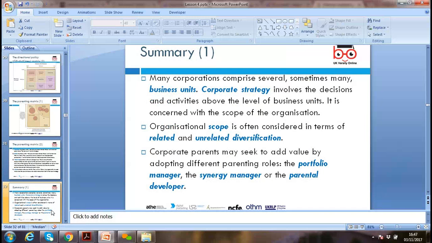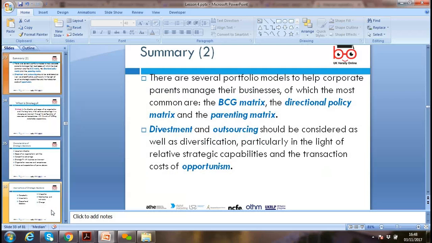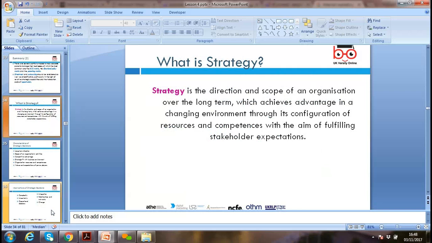So we learn that many corporations comprise several, sometimes many, business units. Corporate strategy involves the decisions and activities at the level of the business unit. Please go through these slides as well, the BCG matrix and these other matrices.